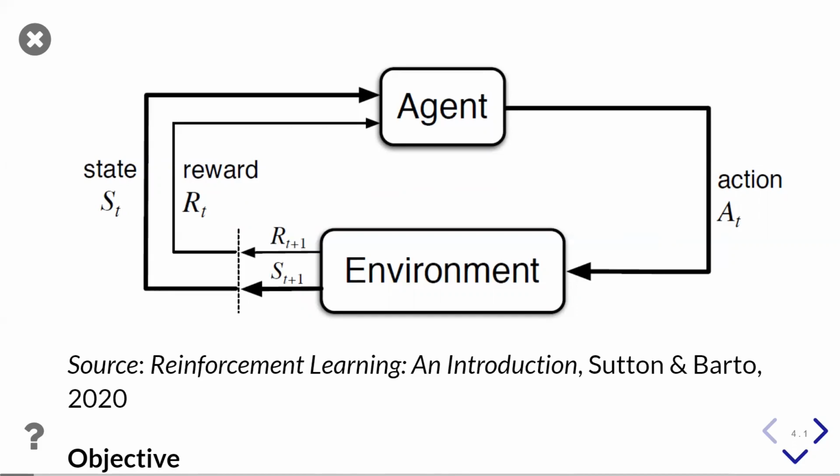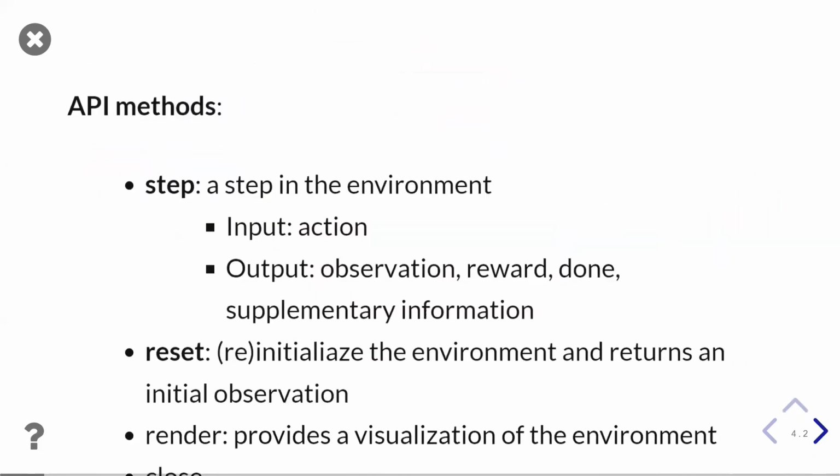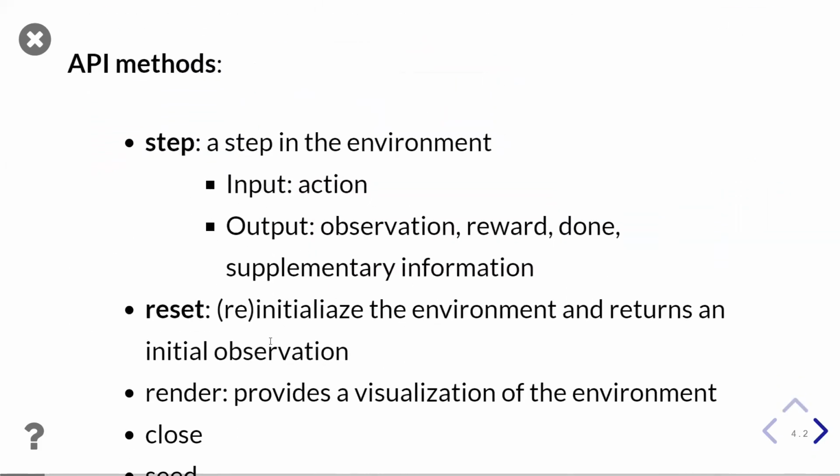So how it does it is by having these two methods. You have a method step that will take an action and return the observation, the reward to guide the learning, and a boolean done, which is just an indicator of whether your trajectory in the environment should stop right now or not. For example, if you have a grid with a starting point and a goal, as soon as your agent reaches the goal, it is what we call an absorbing state. So the episode is now done because the game is over, you have succeeded.